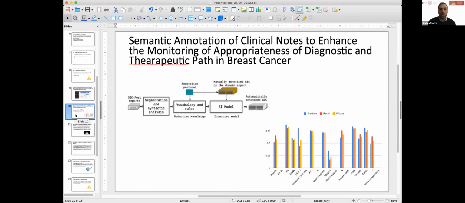We use algorithms that join vocabulary and rules with artificial intelligence to extract some clinical records like BRCA, the presence of estrogen receptor, the stage of the tumor, and the breast cancer tumor, and so on.